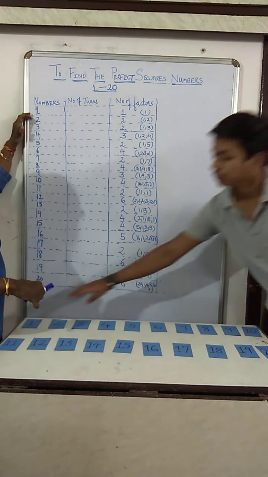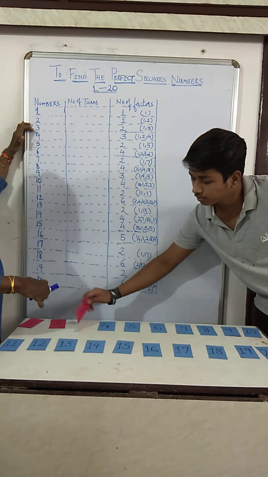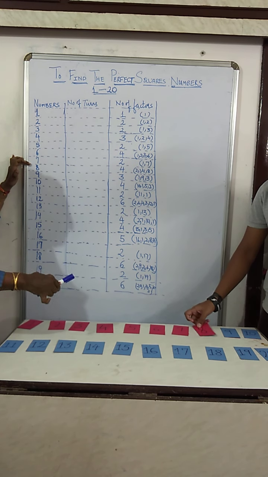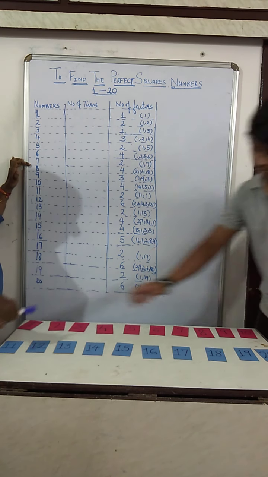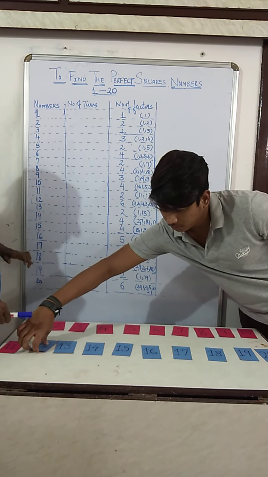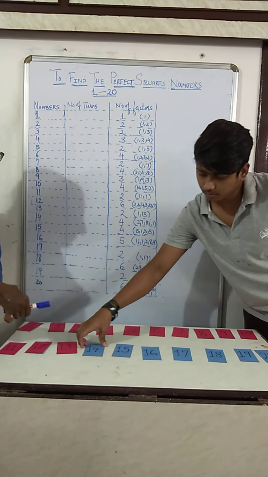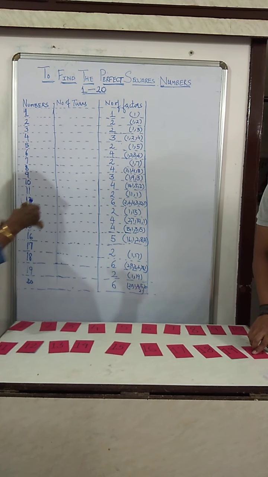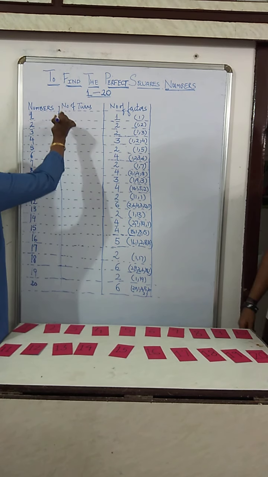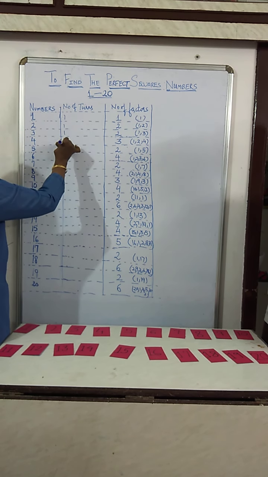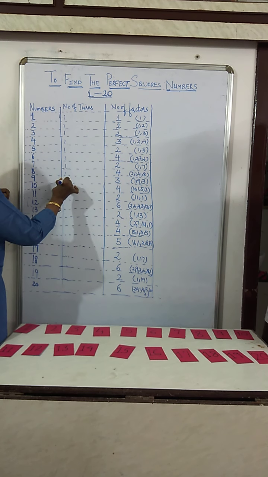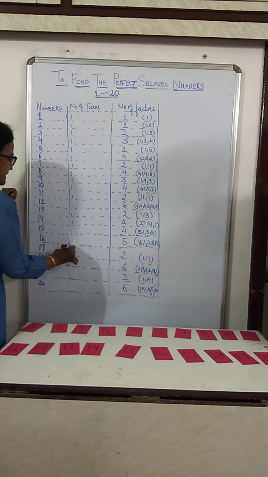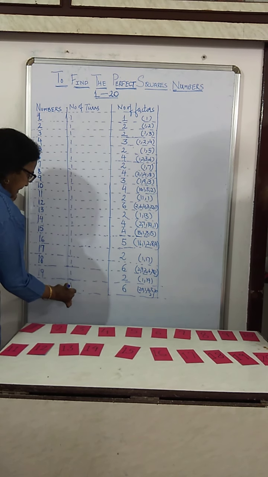So 1 is a factor of 2, 3, 4, 5, 6, 7, 8, 9, 10, 11, 12, 13, 14, 15, 16, 17, 18, 19 and 20.